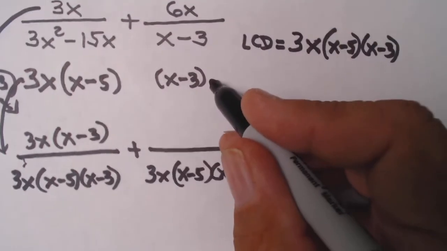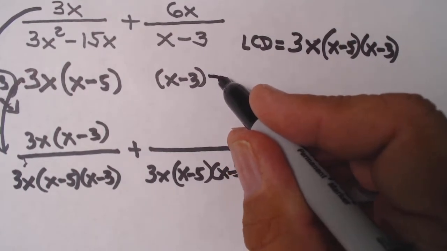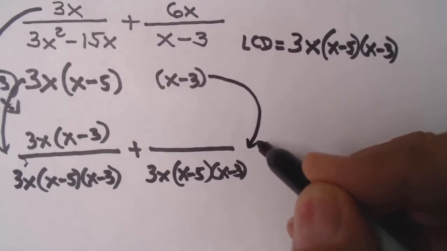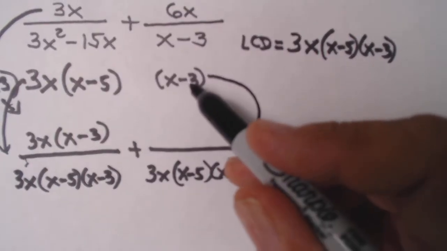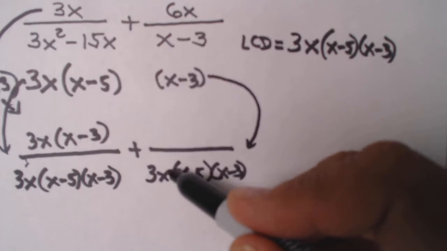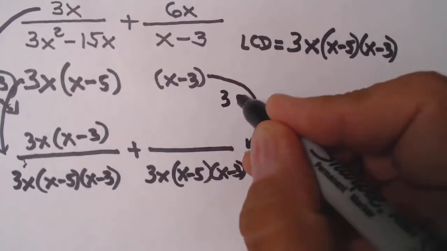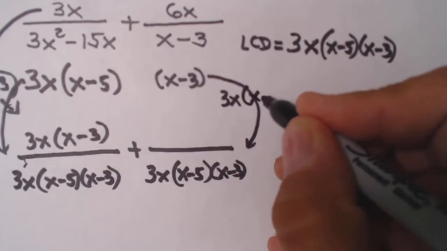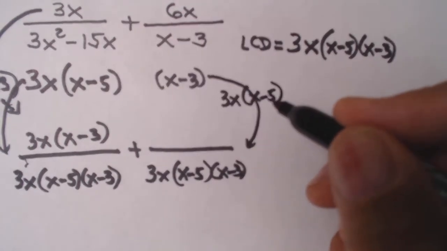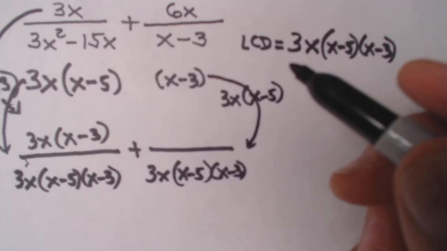Same process on the second one. Compare the old denominator to the new one. What do you have to multiply the old one by? The 3, the x, and the x - 5. So 3 times x times x - 5.